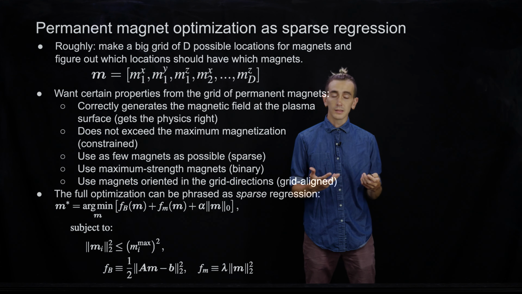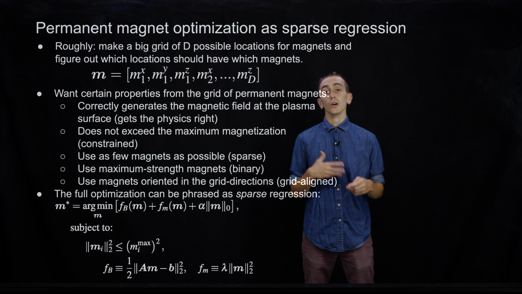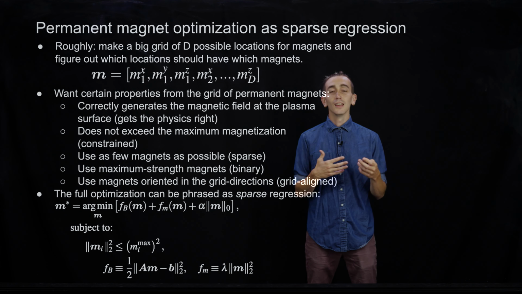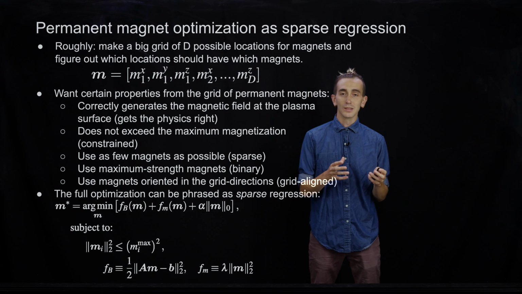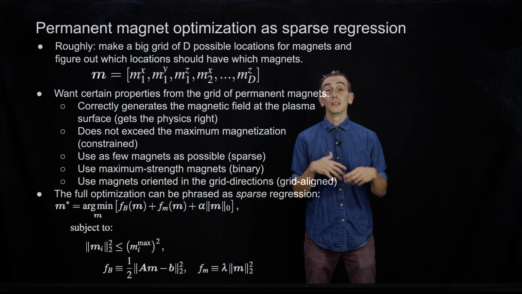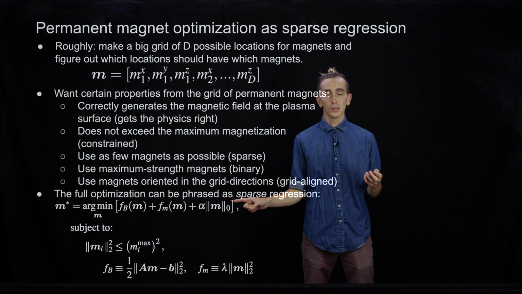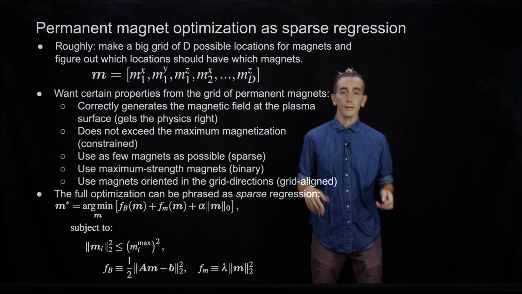If we minimize that function, we're asking for a solution m star that has as many zeroed out elements as possible. So we're asking for a very sparse solution. This is really where most of the sparsity promotion gets done.